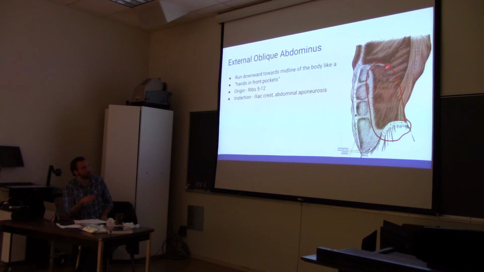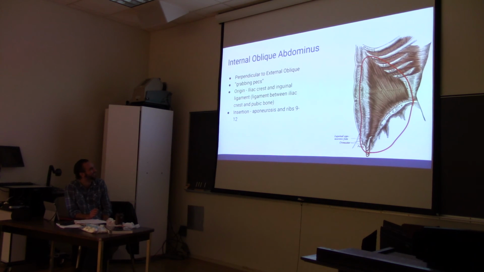So if my origin is up here and my insertion is down here, what am I pulling? Pulling that. So it makes me do this. And we can also use those to do what to our lung volume? Decrease. Awesome. That's important. There are a lot more muscles involved with decreasing than increasing.